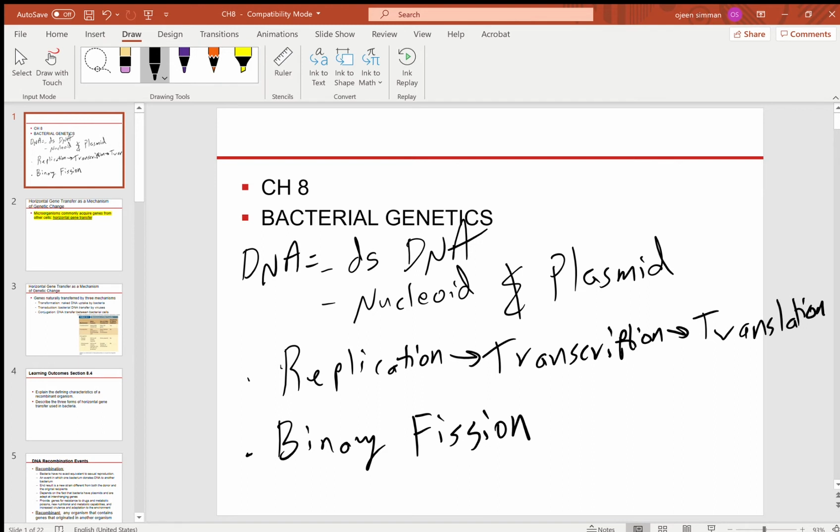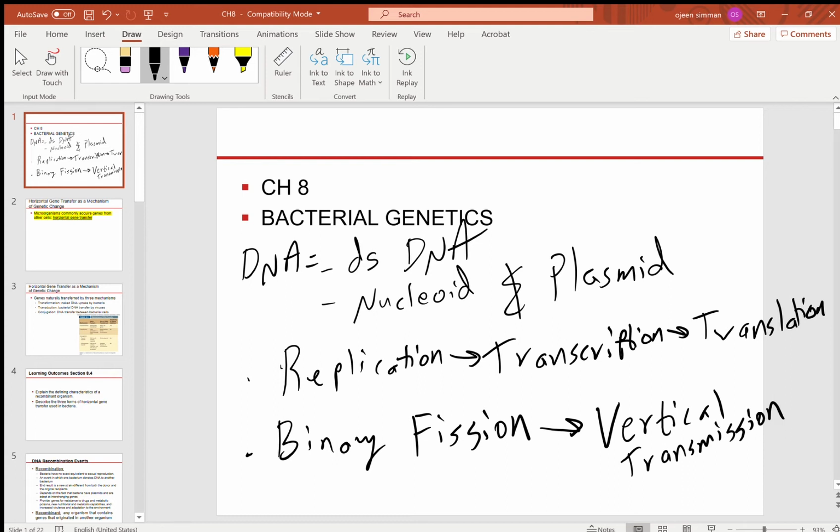This type of passing on DNA from the parent to the daughter cells, this type of transmission, is called vertical transmission, and this goes from the parent to the daughter cells. This is called vertical transmission, from parent generation to the next generation.